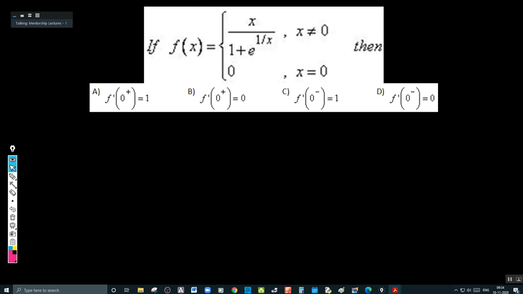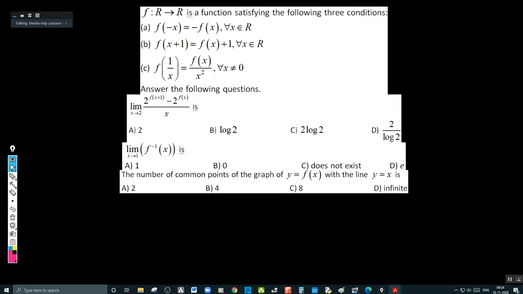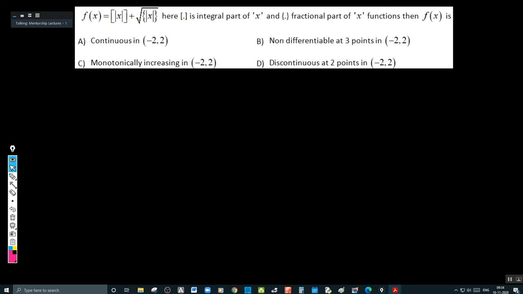It's also a left-handed derivative, right-handed derivative. A greatest integer function is to be discussed. Perfectly, it is to be discussed because it is related to greatest integer function. And this is a passage question, of course, and it is also related to functional equations. Yeah, this is greatest integer function, modulus, and integral part of x.